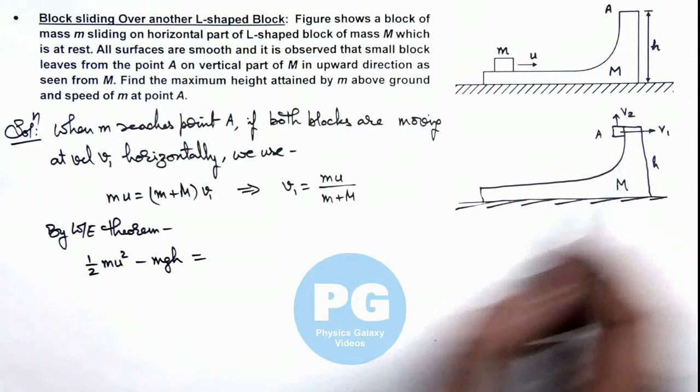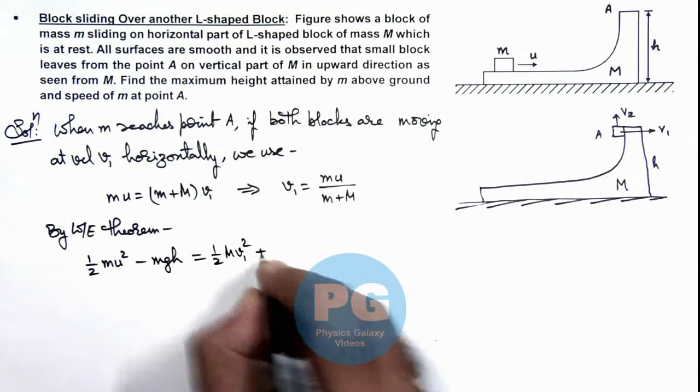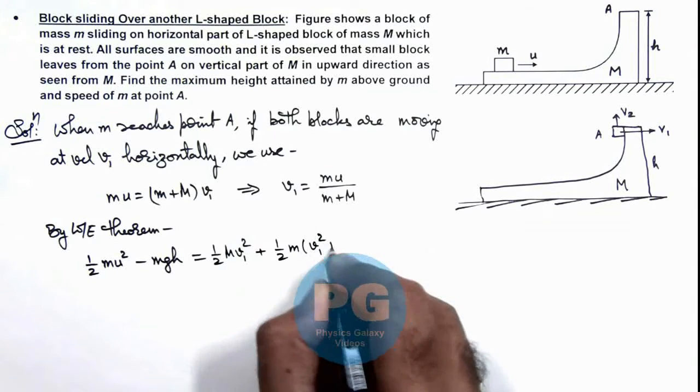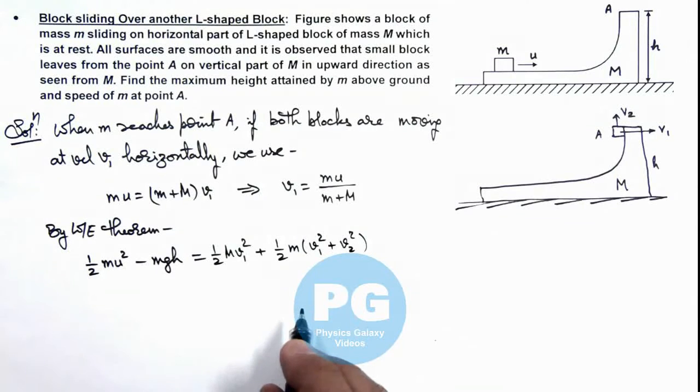So for the bigger block it is half capital M v1 square, plus for the smaller block it is half m (v1 square plus v2 square), as it has two velocity components.